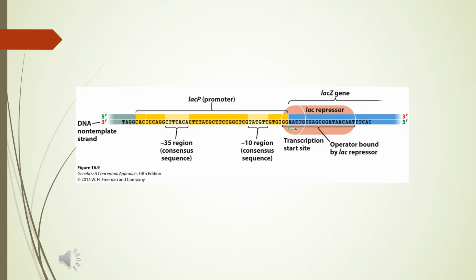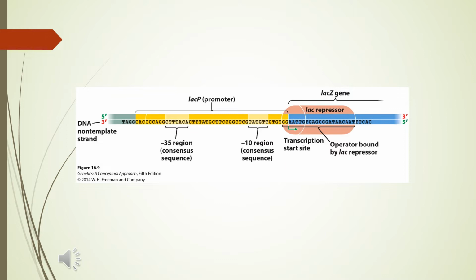This is the organization of the promoter, operator and structural genes in a lac operon. You can see the site represented in yellow is the lac promoter region, where you can see the -10 region and -35 region.